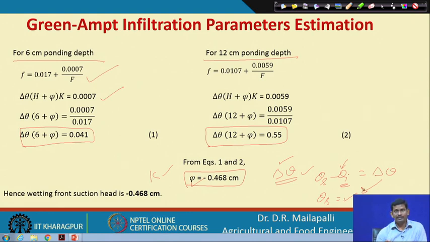With ring infiltrometer data you can estimate Green-Ampt infiltration parameters. That is physically based, so you can get physical parameters like k, the wetting front suction head, and also theta s.